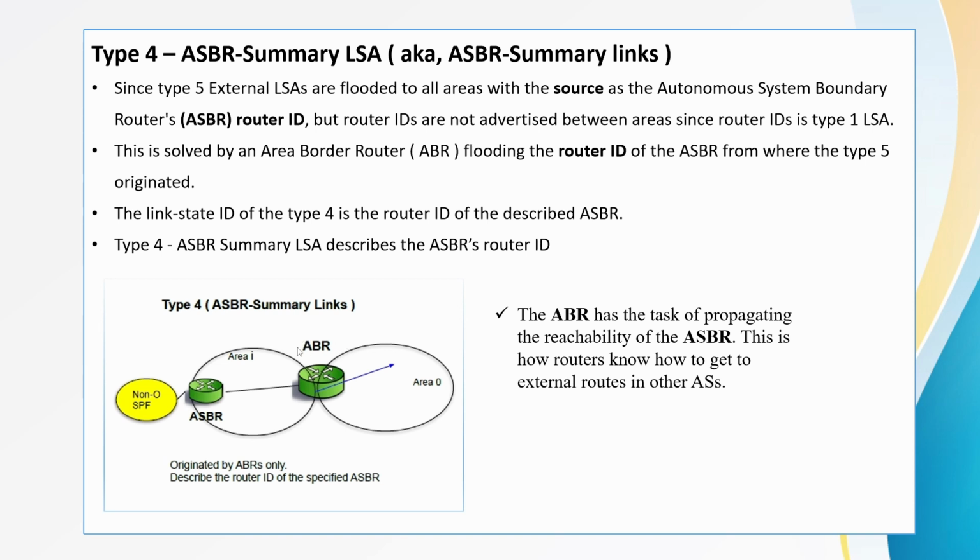ABR is the area border router. The area border router says, okay, this router is an ASBR, so we have to change it to type 4 and flood it out. So basically the ABR has the task of propagating the reachability of the ASBR. This is how the routers know how to get the external routes in other AS.